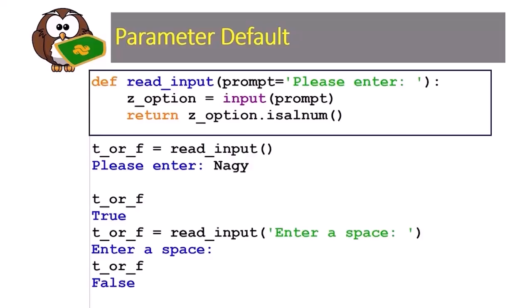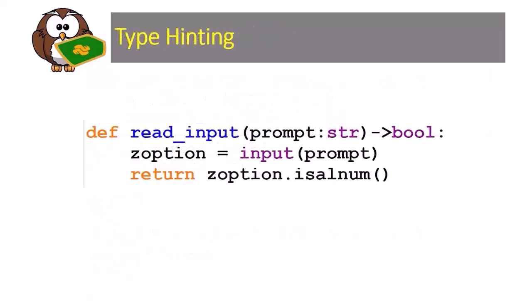Now, from time to time in modern Python, you will see something we call type hinting. And as we see here, we're hinting that input is going to be the type of string by using the colon, and its return type will be Boolean.